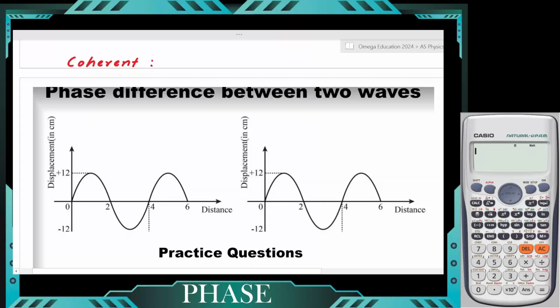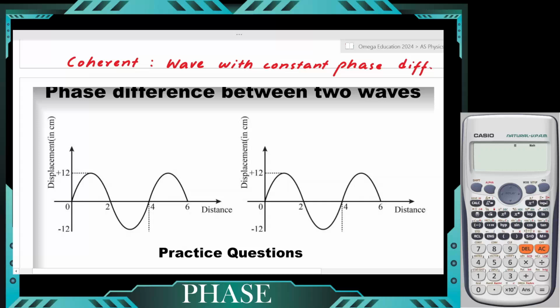At this stage, I can simply tell you coherent waves are waves which have constant phase difference. Whatever their phase difference is, it would remain the same everywhere. It won't increase, it won't decrease. If the phase difference remains the same, then the two waves are called coherent waves.